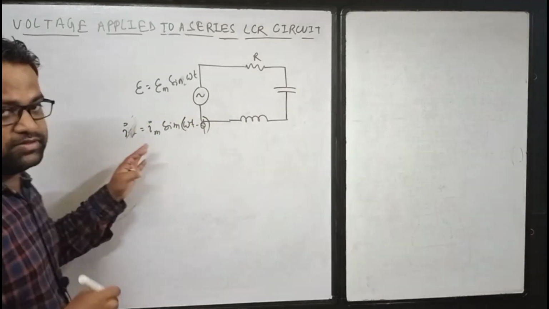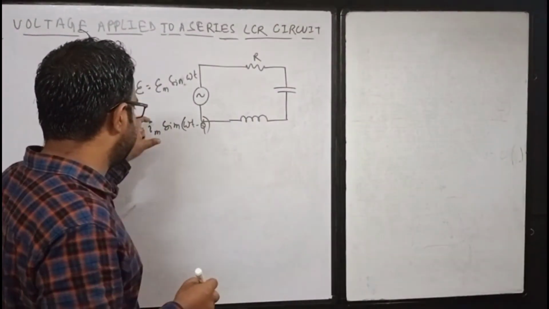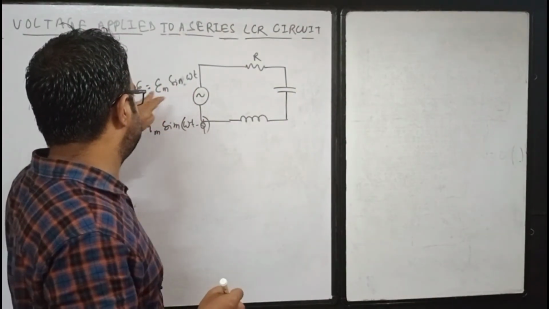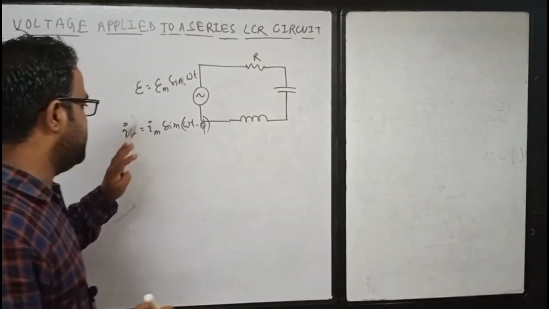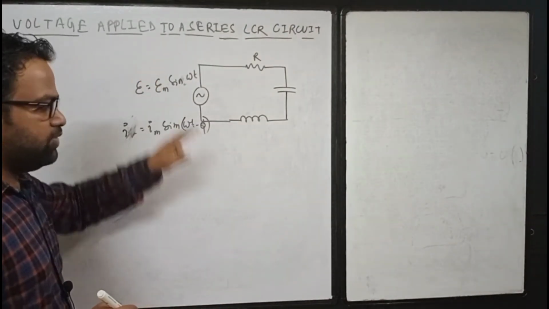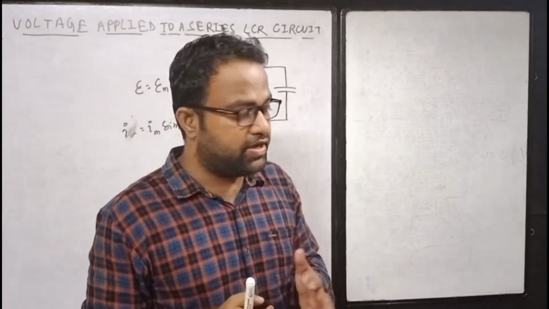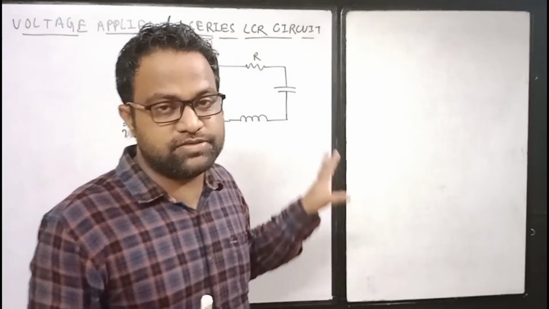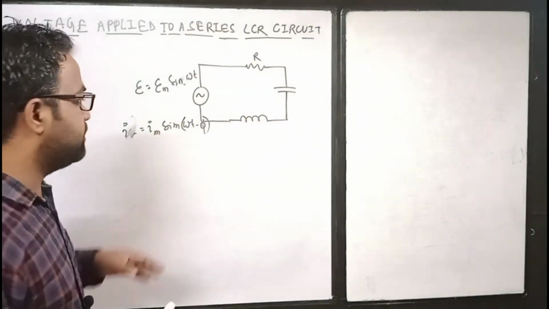Im is the maximum amplitude of the current, and phi will be the phase angle or the phase relationship between your applied EMF and the current I. So we'll discuss with the Phasor diagram, and we'll find out the relationship between this EMF and your Im.